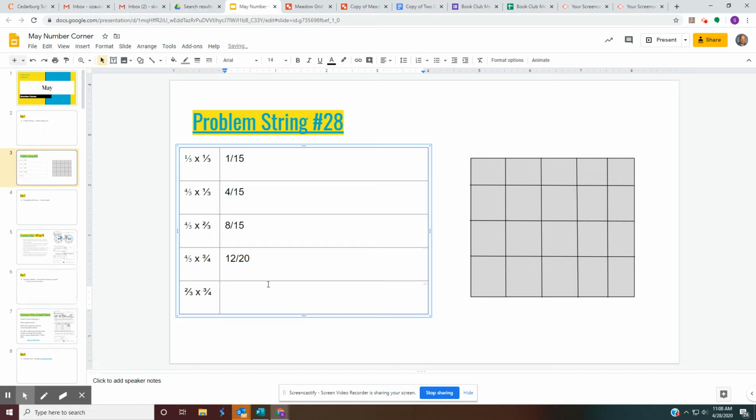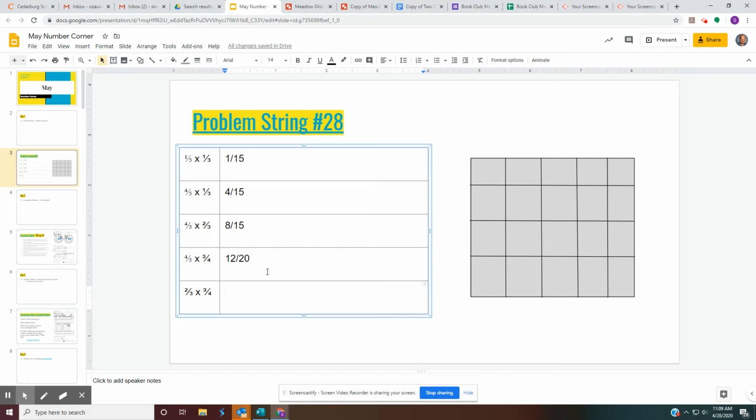Okay. Now, how do our numerators relate to this numerator, and how do our denominators relate to this denominator? Hopefully you can tell. All right, so now last problem of our problem string. Look at 2/3 and 3/4.